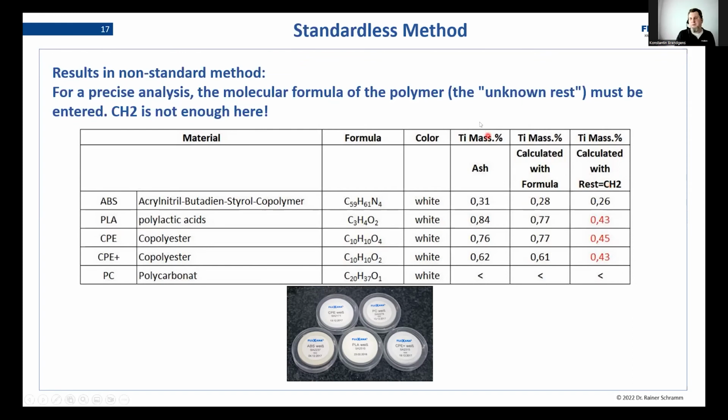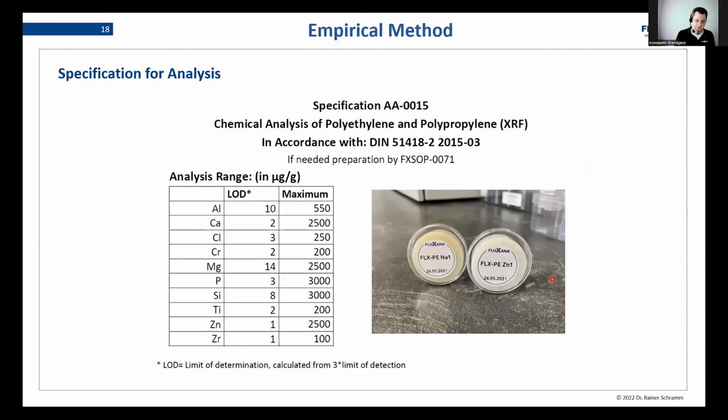Our reference was the ash analysis, so we basically burned the polymer and analyzed the remains. We can see that the results where we actually input the formula, where we give the information about the nitrogen and the oxygen and the ratios to carbon and hydrogen, fit a lot better with the ash analysis. So when we want to use a fundamental parameter method, we have to fine-tune it with the exact formula.